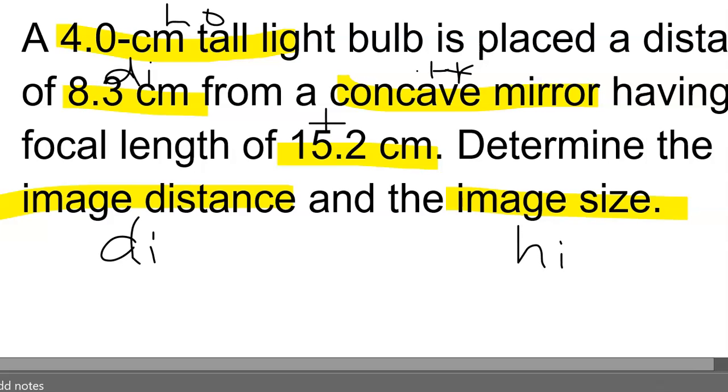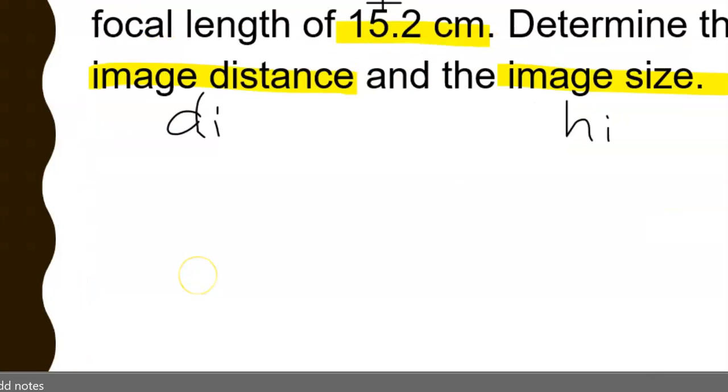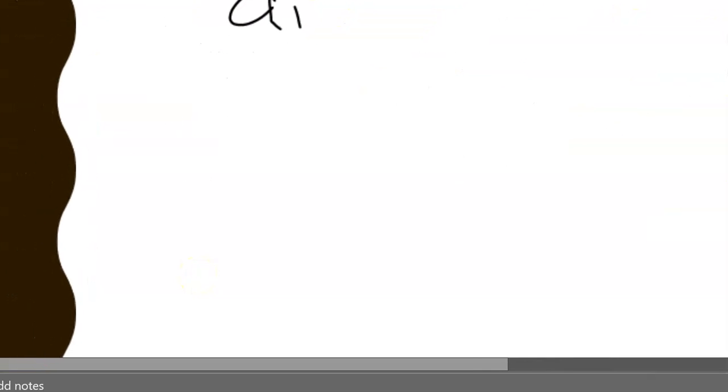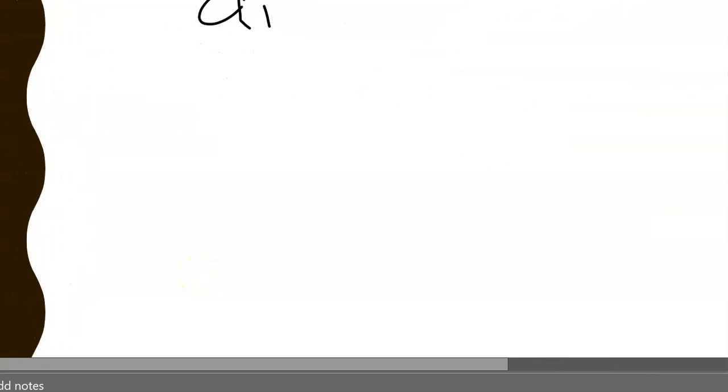So first off, we will need to use our mirror equation to find one of these. And then we'll use our magnification equation. Okay, so let's list out our givens and unknowns first. We have HO is equal to 4 centimeters, and we're just going to keep everything in centimeters for this one, so we don't have to do any unit conversions.